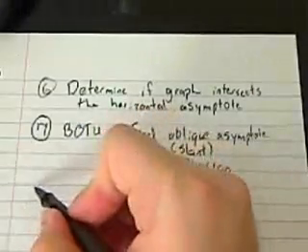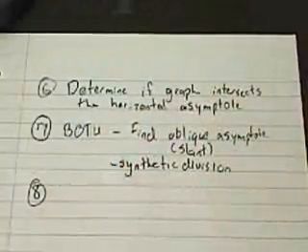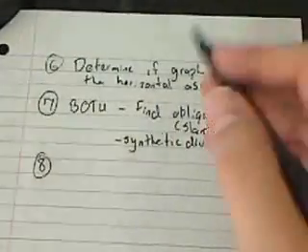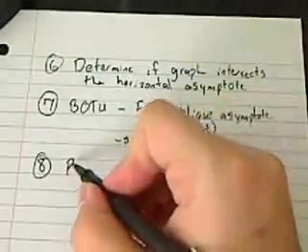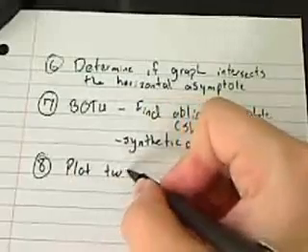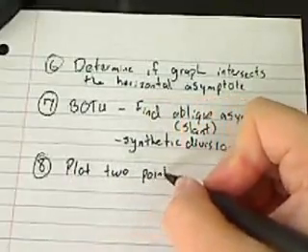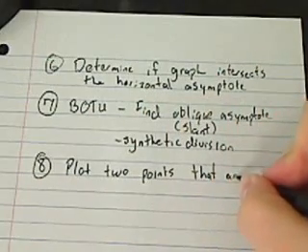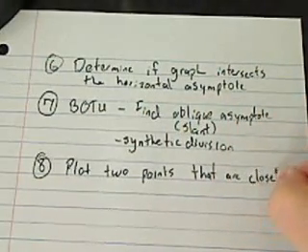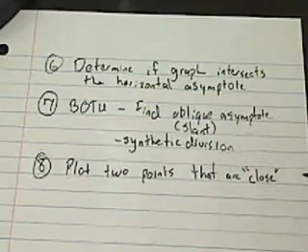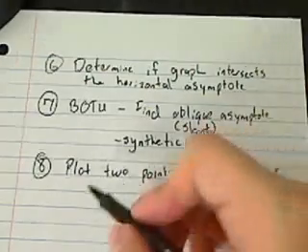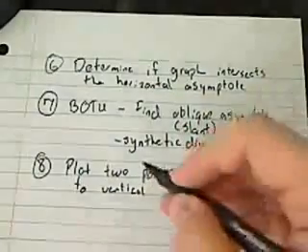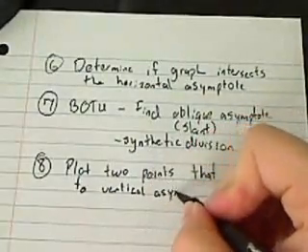The next item we did last year when we had multi-asymptote rational functions. What we're going to do is plot 2 points that are arbitrarily close, the closer you get the better, to your vertical asymptote, from either side.